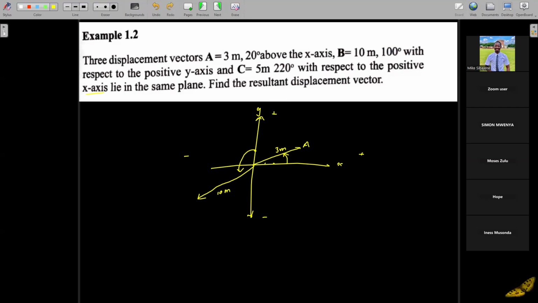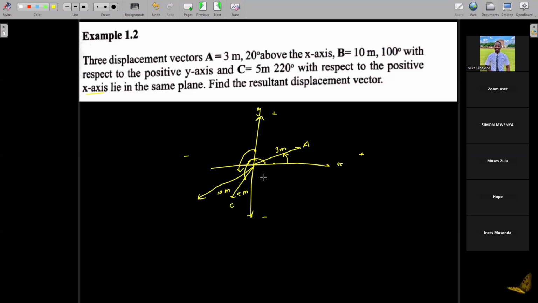From this point to that point, it's already 180 degrees, so I'm remaining with about 40 degrees. So I'll just add an angle there, somewhere here, you are just approximating, and it is 5 meters. So that is point C.